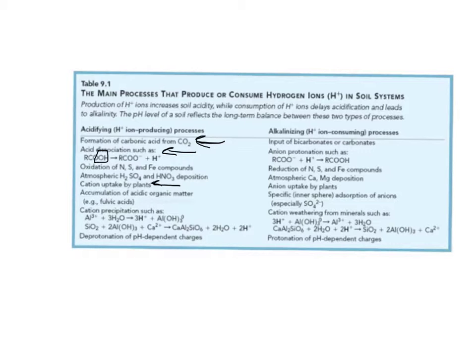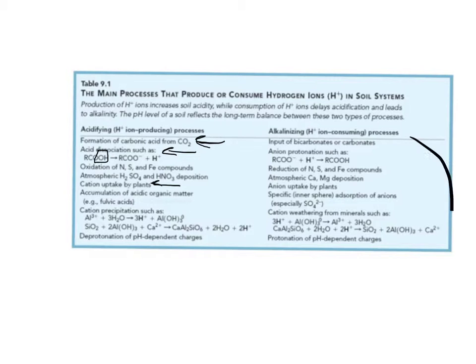So a plant root comes into the area and will take up calcium and magnesium and potassium into its roots and make the concentration of those basic cations less in the soil. So naturally, the soil will have a higher concentration of hydrogen.